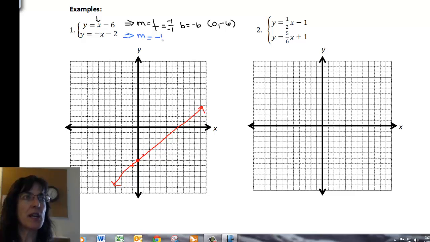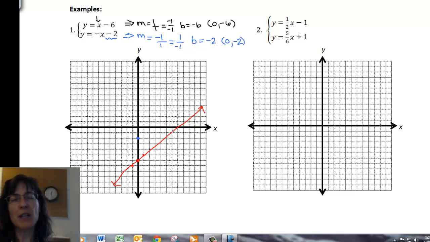Think of it as a fraction, and then remember, multiply by negative 1 over itself, so I have a positive 1 over negative 1 for my alternate view of the slope. And then my b is a negative 2, and I can see that right here. That means my y-intercept is (0, -2), so I'll go 0, negative 1, negative 2 right there.